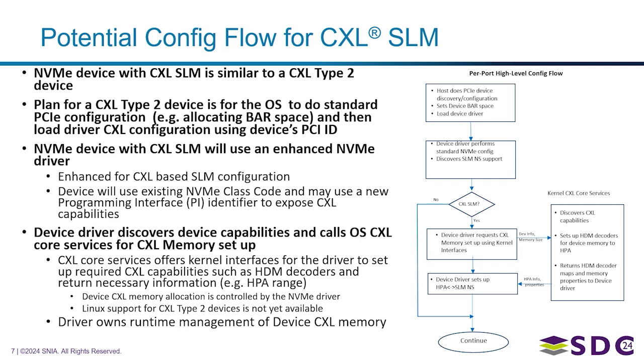That memory is only available to the NVMe driver. It's not a generally available CXL chunk of memory. And then finally, there is currently no Linux support for CXL Type 2 devices yet, but that is planned.